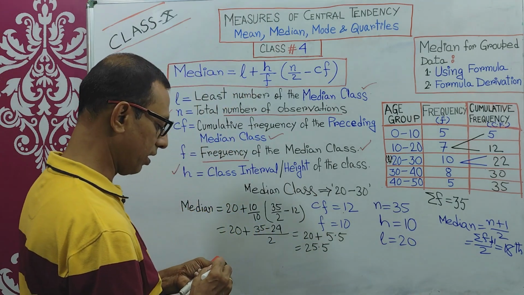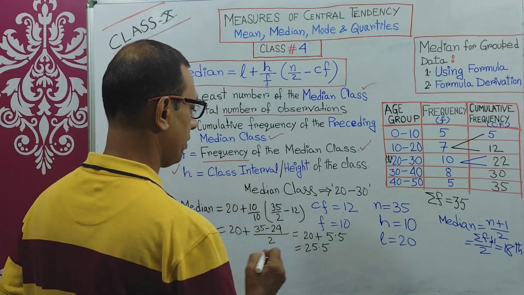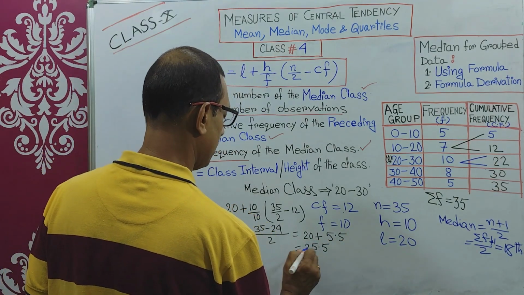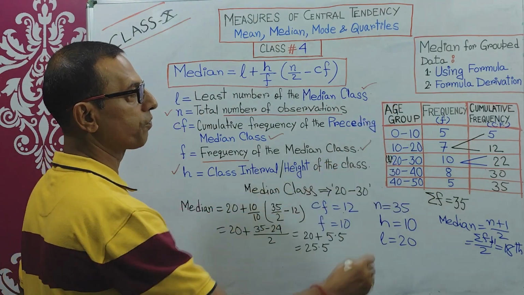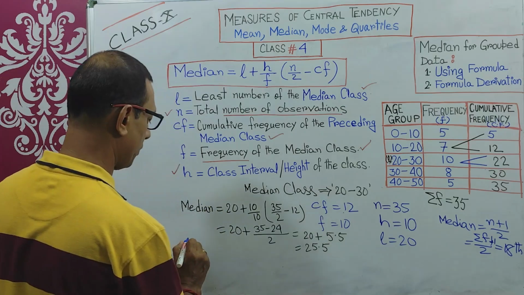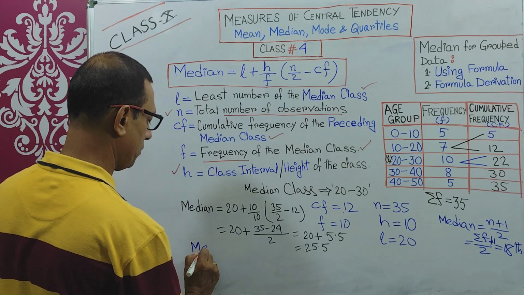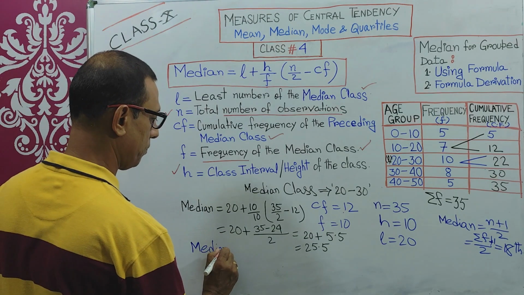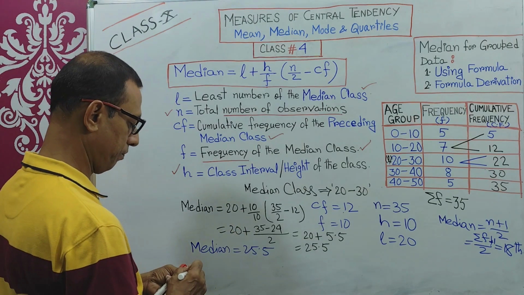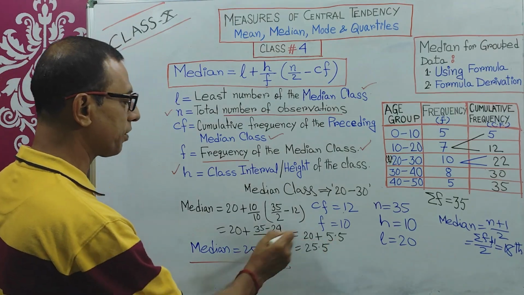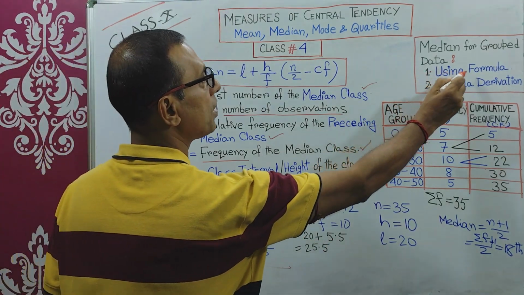So this is the median for this continuous data, or group data. The median equals 25.5. Got it? So that is how you need to find the median using the formula.